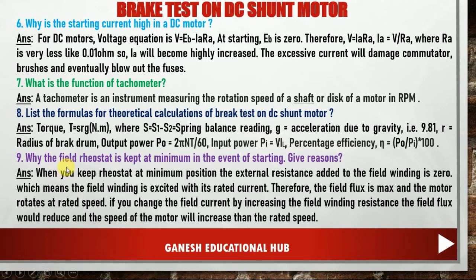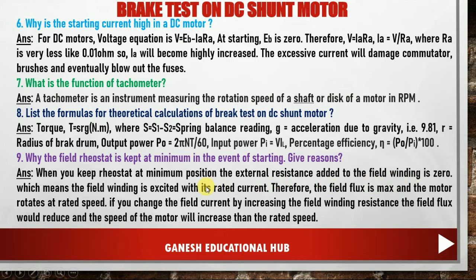Next question. Why is the field rheostat kept at minimum at the time of starting? Give reasons. When we go to the experiment, the field rheostat will be kept at minimum. Why? When the rheostat is at minimum position, the external resistance added to the field winding is 0.